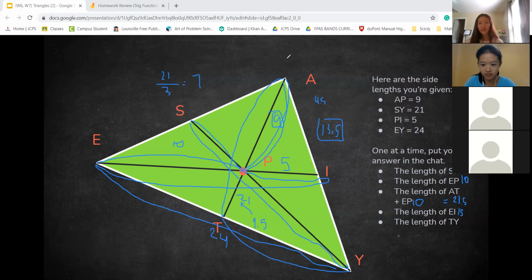It doesn't say here at the top, but we know these are all medians. The definition of a median is that this line starting from the vertex going to the opposite side divides the side into 2 equal parts. So ET is equal to TY. Since these two are equal, both of them must be 12 each. So TY is 12.